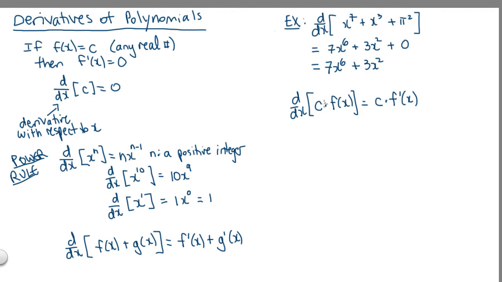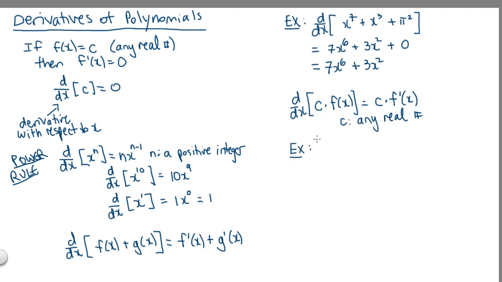So derivative of c times a function is just c times the derivative of the function, and that's true as long as c is a real number. In other words, as long as c really is a constant.